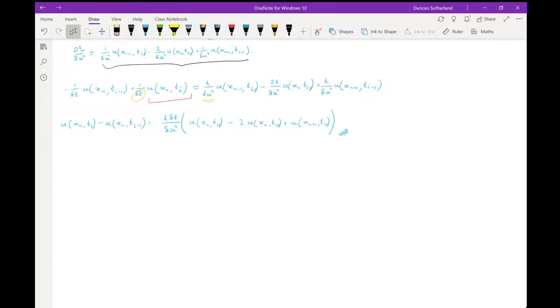And we can now, yes, this rearranges much more sensibly. This just goes over the other side, and we get something that kind of resembles the Euler method, right? Because we really have just used something that must be equivalent to the Euler method in time.